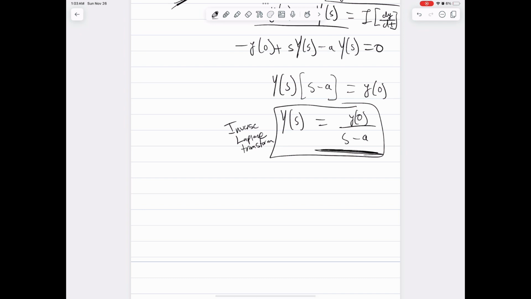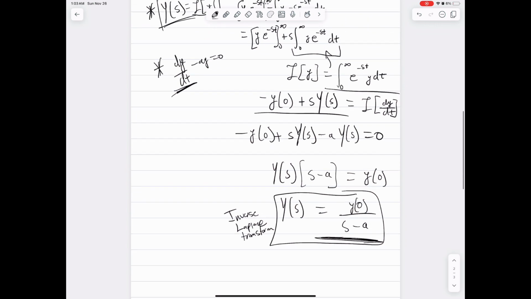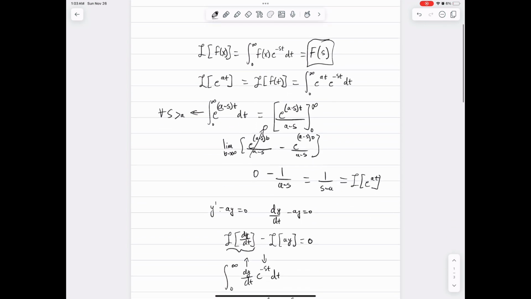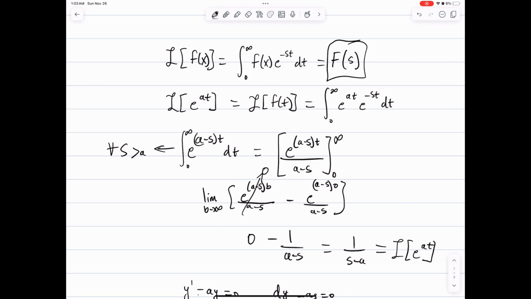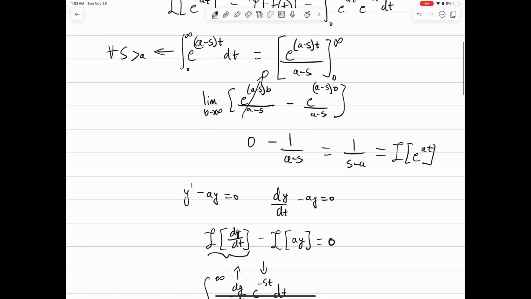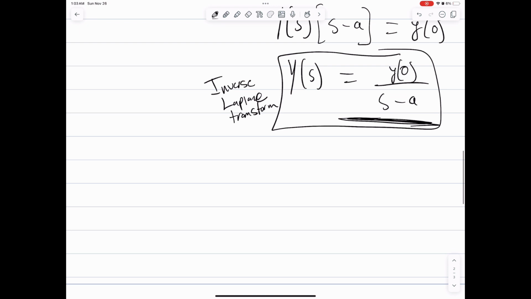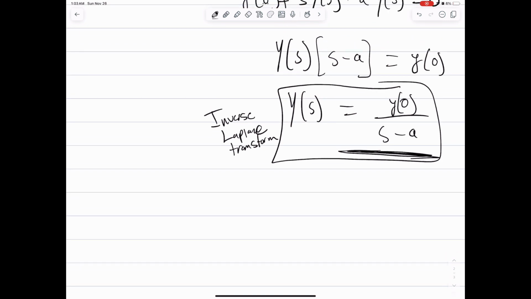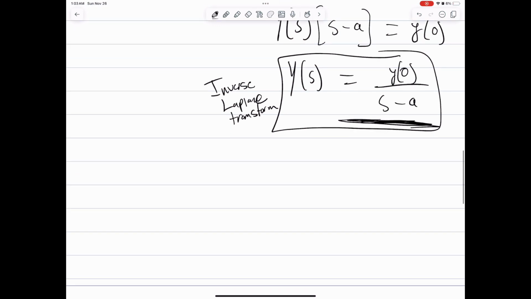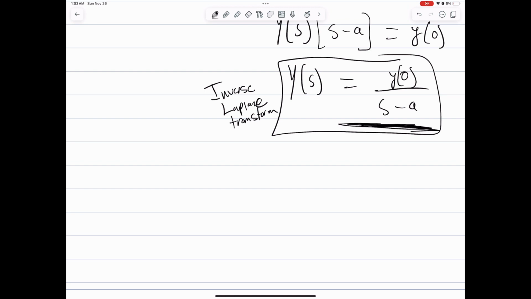And if you'll recall from the example at the beginning of the video, I did the transform of e to the at, and that actually resulted in 1 over s minus a. So you'll see the correlation of that to my result over here, which is just y naught divided by s minus a.